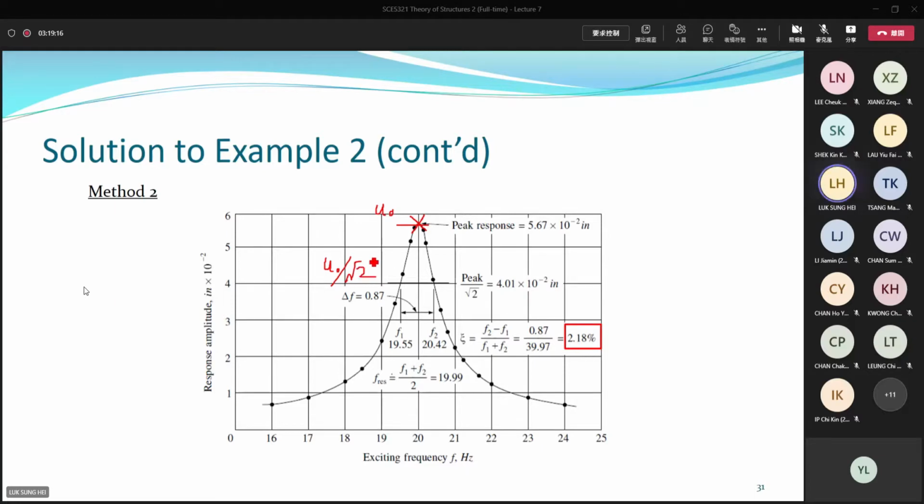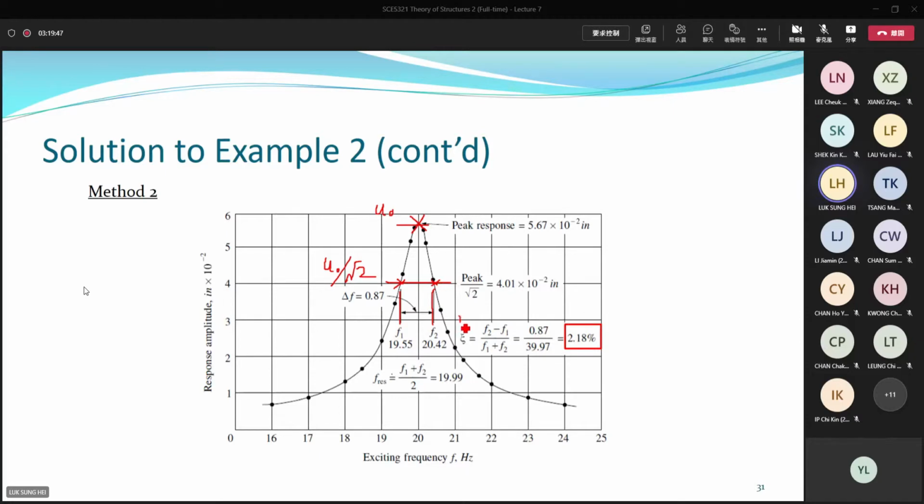You can use your calculator, calculate U0 over square root 2, and then draw a line. The line will cut through the curves at 2 points, here and here. You try to do a mapping, find out the corresponding frequencies for these 2 points. From the picture, frequency 1 is 19 something, frequency 2 is 20.42.